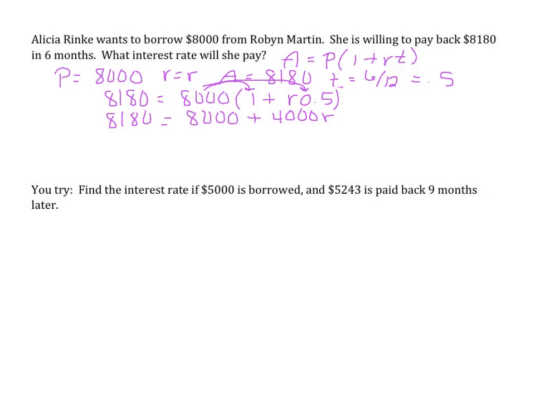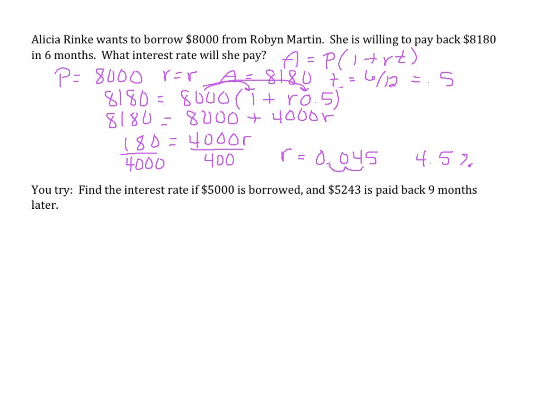Subtract 8,000 from both sides, so 180 equals 4,000 R. If we divide by 4,000, we'll see that R equals 0.045. But we have to transform that into a percentage because we always work with decimals. So we need to move the decimal over twice. So the rate at which she's paying back this money is 4.5%.